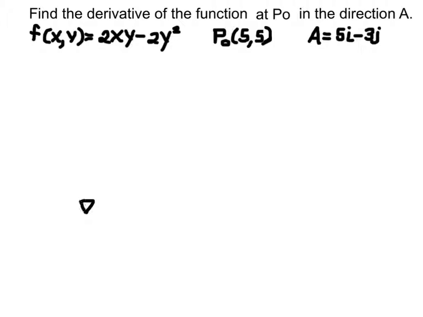So the gradient of f is equal to the partial derivative of f with respect to x in the I direction plus the partial derivative of f with respect to y in the j direction. So let's move this up.